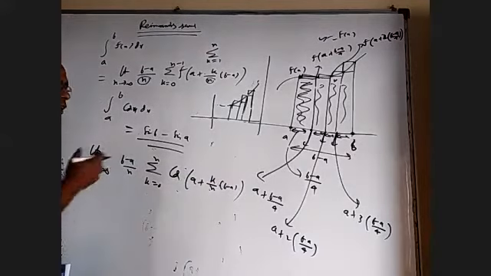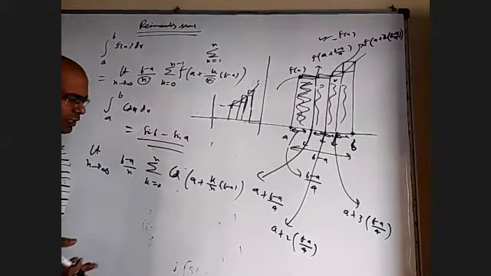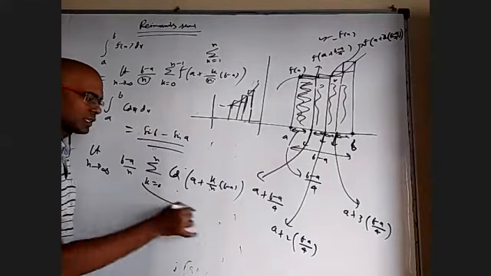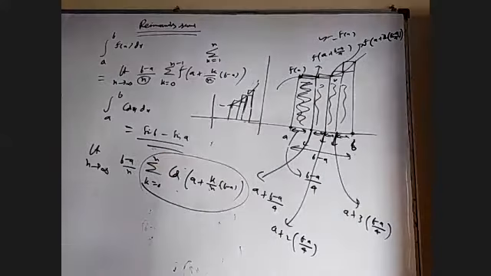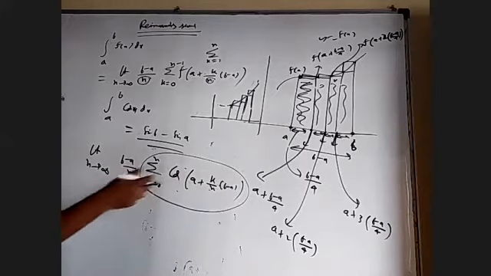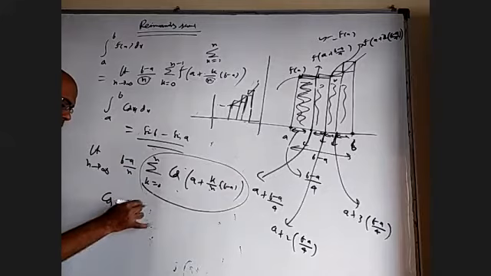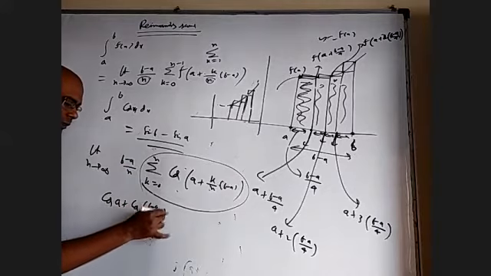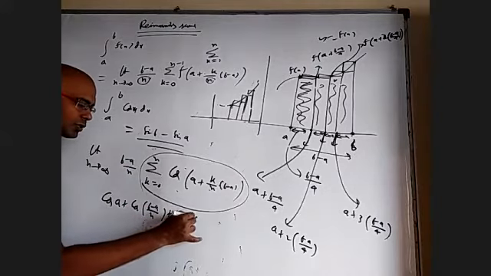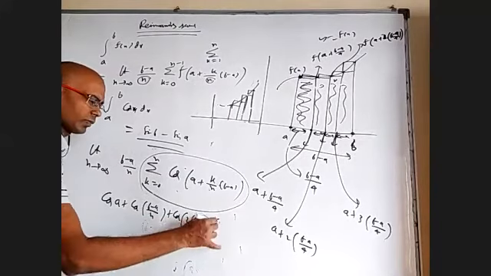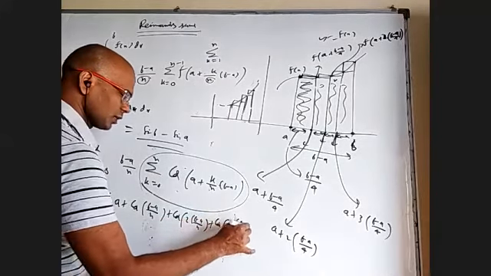Then one may say, how will you find these limits? Okay, in first year limits we studied so much. This one, if you put k equal to 0, k equal to 1, k equal to 2, let us see what happens. I'll get cos A, cos of A plus (B minus A) by n, cos of A plus 2 into (B minus A) by n, cos of A plus 3 into (B minus A) by n.